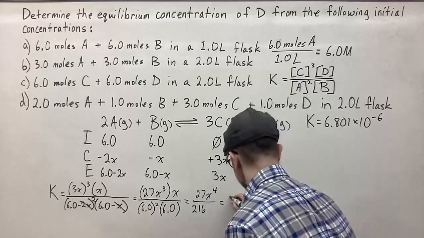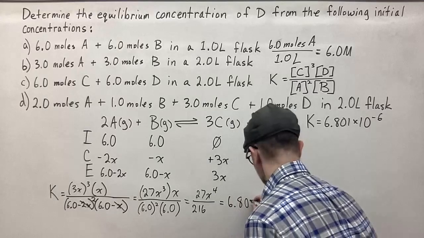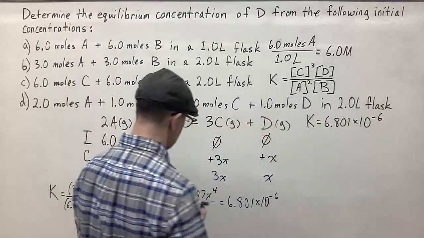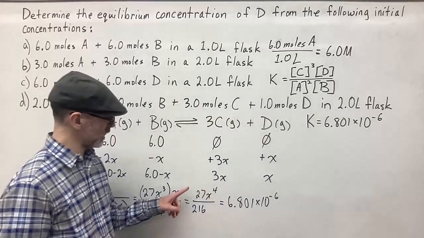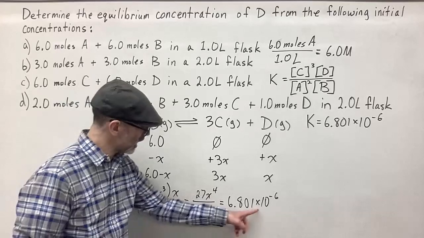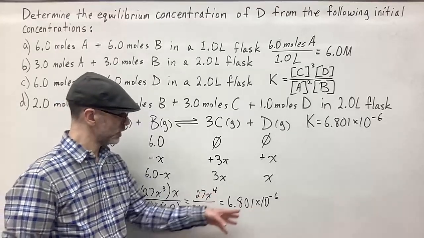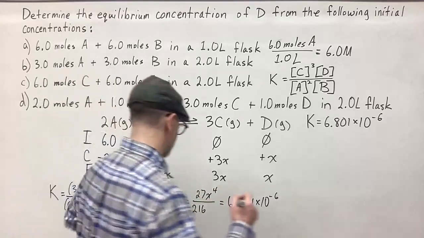So we have 6.801 times 10 to the negative 6. And now all we have to do is multiply both sides by 216, divide by 27 on both sides, and then take the fourth root of both sides, and then we'll get x.